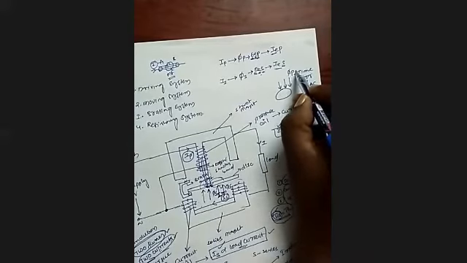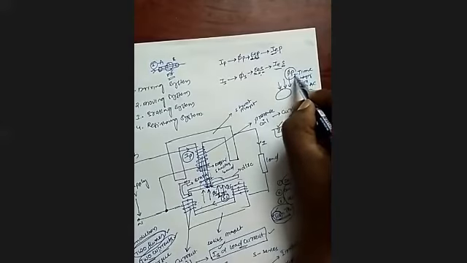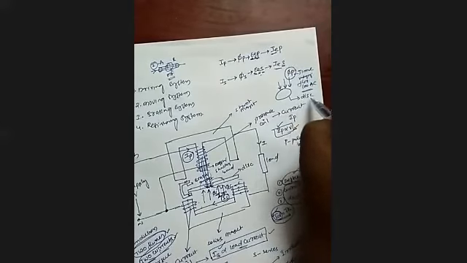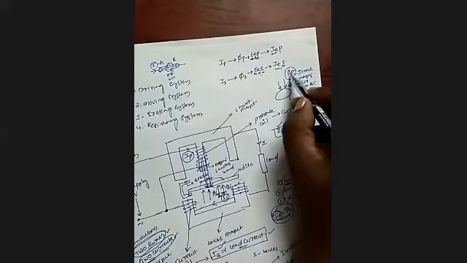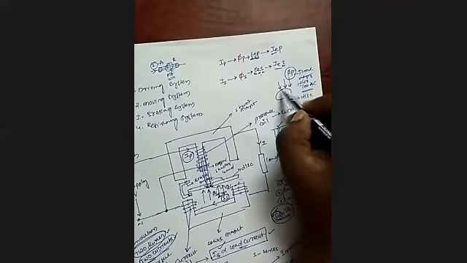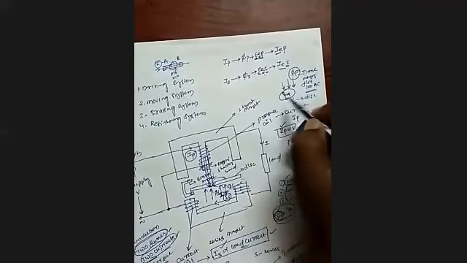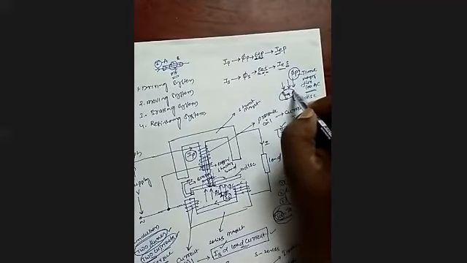Whenever this time varying flux interacts with the circular disc, according to Faraday's laws, an EMF is induced in the disc, and since the disc is a closed circle, it carries current.